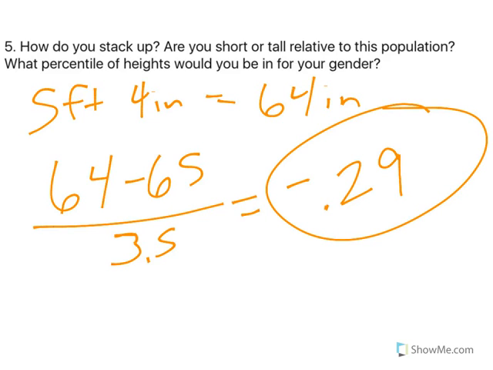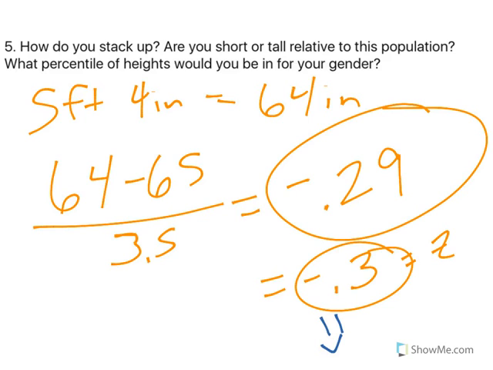So what percentile would I be in? I would have to round to a z-score of negative 0.3 to fit on the chart. That z-score would lead me to the 38th percentile. So I am taller than 38% of females, which is kind of depressing, but it is what it is.